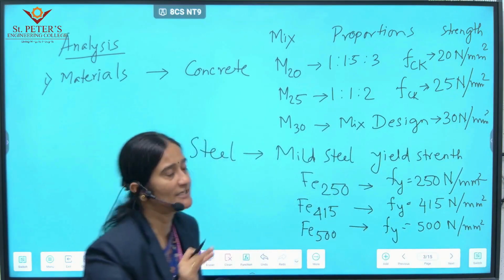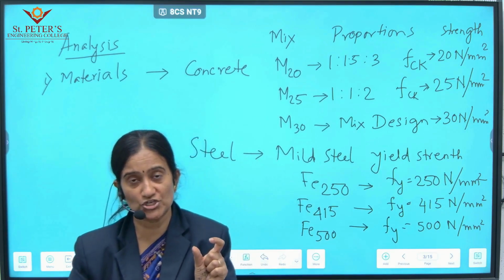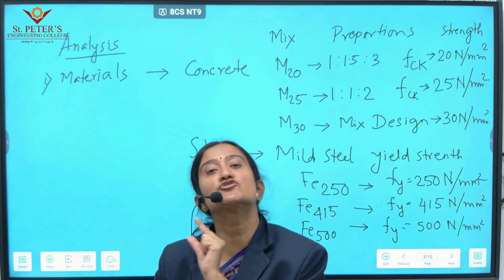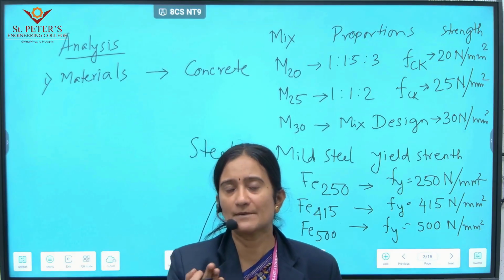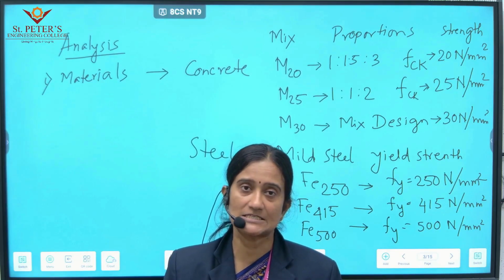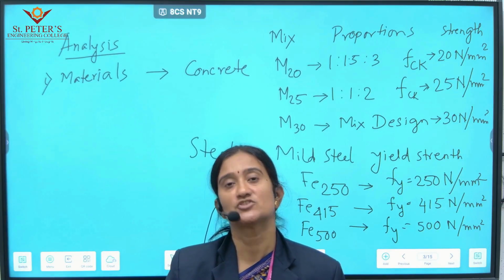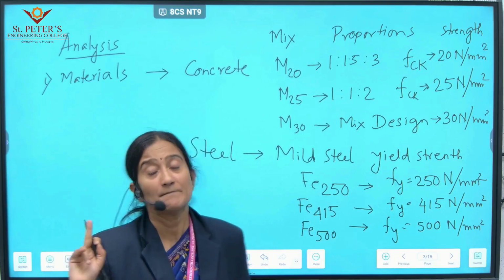In M20, M25, M30, M means the mix and 20 is the strength of the concrete. For lower values, it can be M15, where M is the mix and 15 is the strength of the concrete. So the first step is materials.